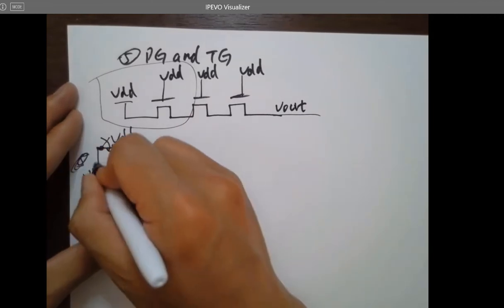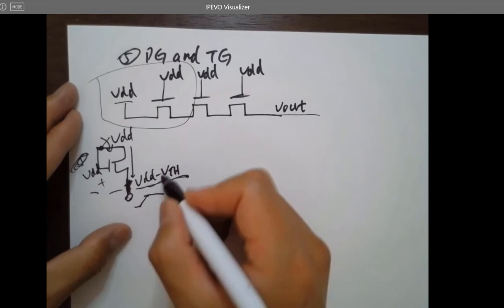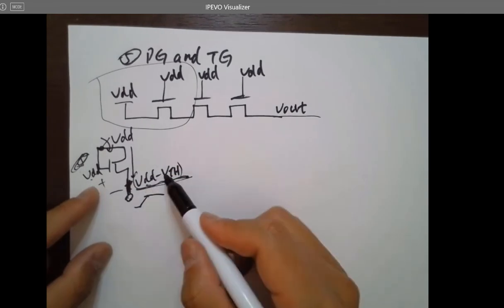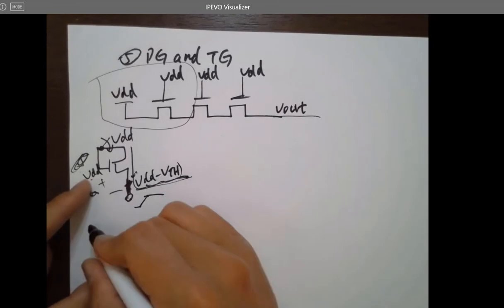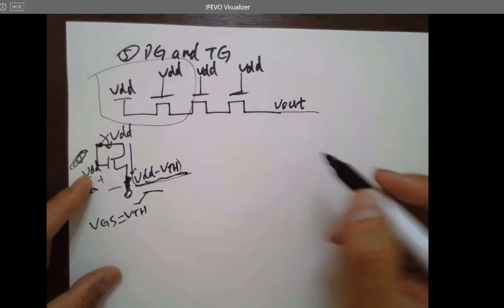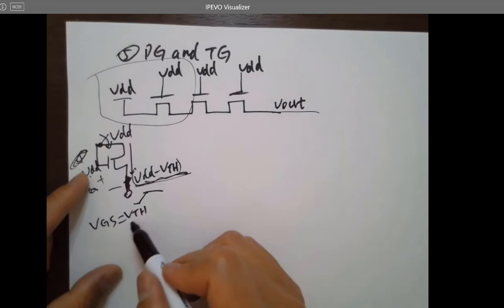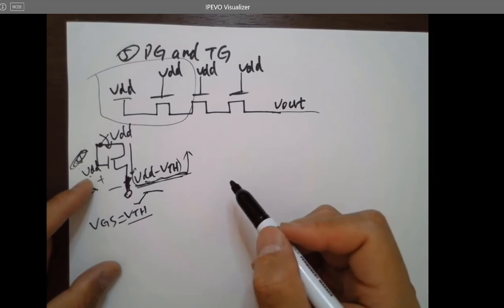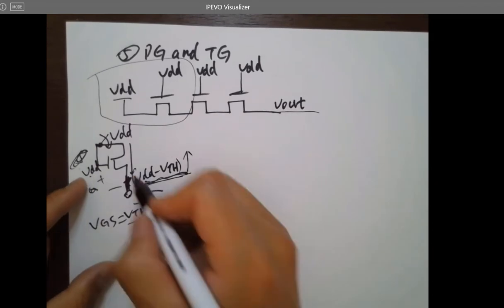gate voltage is VDD, so whenever it reaches this point, VGS will be VDD minus this, which is exactly VTH, right? In order to turn on the channel, it has to be at least VTH. But whenever this tries to increase a little bit more, the channel will be switched off.